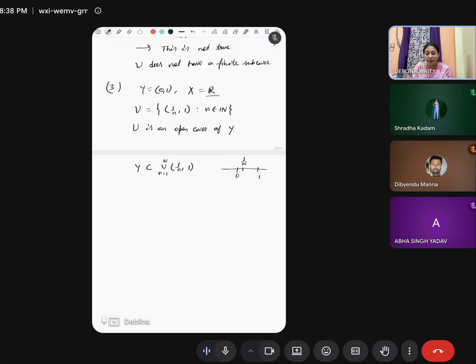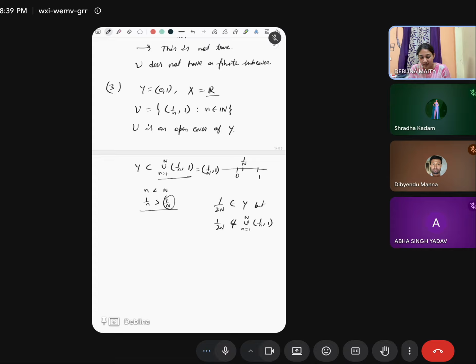So the union of these covers actually from 1/N to 1, because all these n are less than or equal to N, so 1/N is the smallest. So the union of these is actually (1/N, 1). Any number in between, suppose 1/(2N), belongs to Y, but 1/(2N) does not belong to this union.